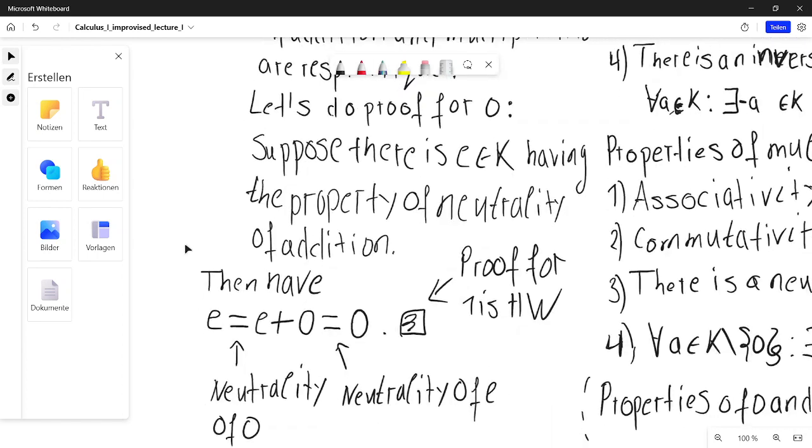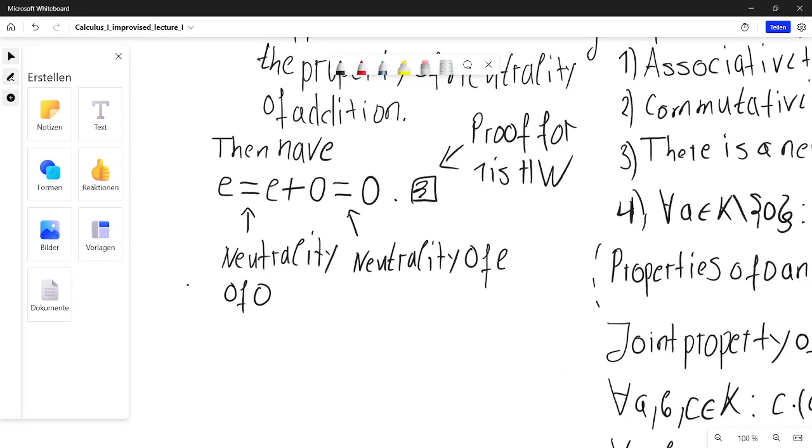Okay, then we have that first property, and you have already seen a little of this reasoning.